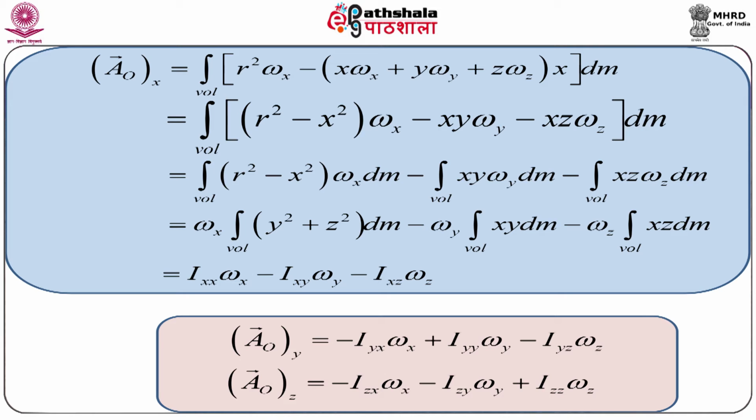Now we consider the x component of angular momentum A_O vector. Therefore, this is equal to integration over volume r square into x component of omega vector, that is omega suffix x, minus x omega x plus y omega y plus z omega z, times the x component of r vector which gives small x.